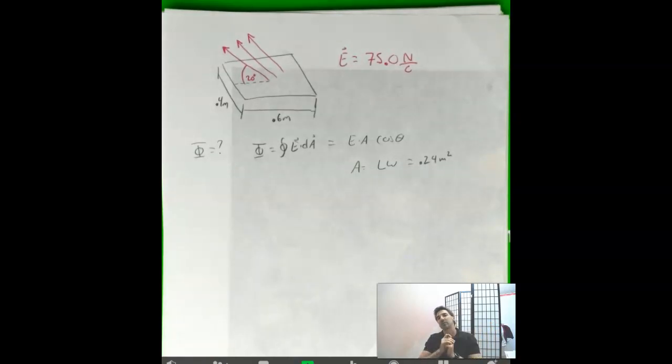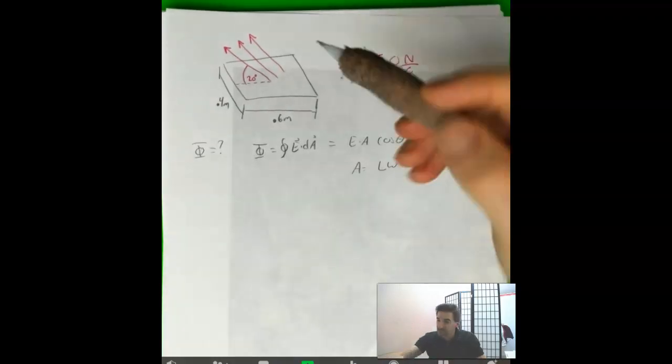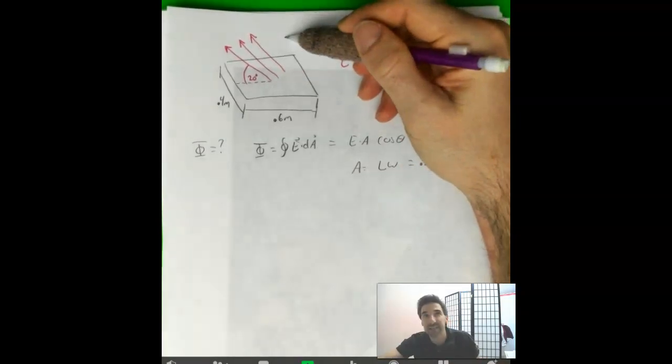It's not cosine of 20 degrees. You might be thinking to yourself, why isn't it cosine of 20 degrees? And we have to remind you, what exactly is dA? Remember, dA is perpendicular to the surface and is a vector quantity that happens to have the magnitude of area, A. So dA is perpendicular to the surface.